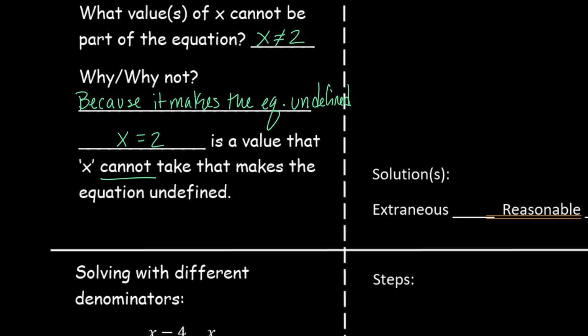Okay? So you can put here extraneous. So that's why we have to check for what makes the equation undefined, because sometimes we'll end up with a couple of solutions and one of them will be that undefined number, and we have to say, no, that's not a real solution, it's extraneous.